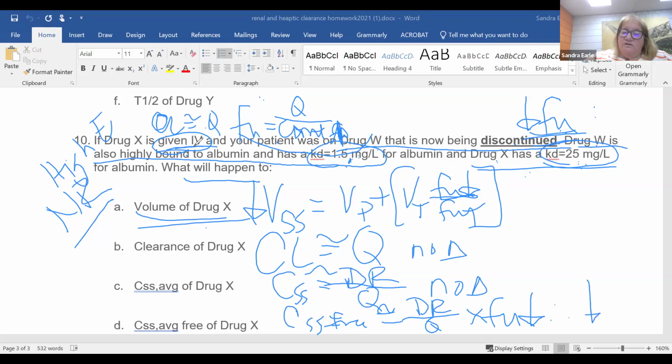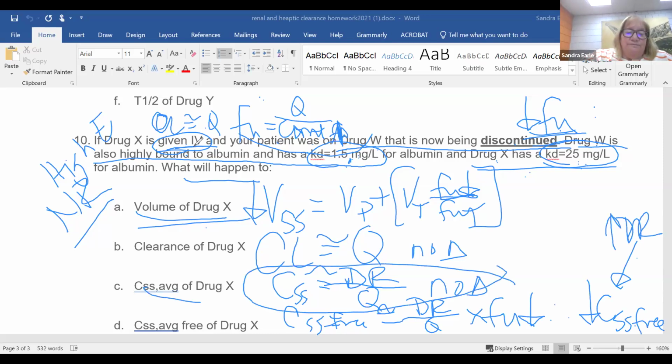Therefore, we're going to have a decrease in our free concentration. So what are we going to want to do here? This probably means we're going to need to increase our dose rate, doesn't it? Even though there's no change in total. So this is a case where you could see some side effects and you're thinking, why are we having toxic side effects in this patient and there's been no change in their total concentration? Well, this is an example of where you could see that.